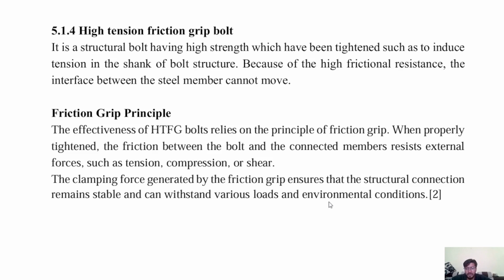The clamping force generated by the friction grip ensures that the structural connection remains stable and can withstand various loads and environmental conditions. A high tension friction grip bolt, also known as a high strength friction grip bolt, is a type of bolt used in structural engineering applications to create a strong and reliable connection between structural members. These bolts are typically made of high strength steel and undergo precise manufacturing processes to meet specific mechanical properties and performance requirements.